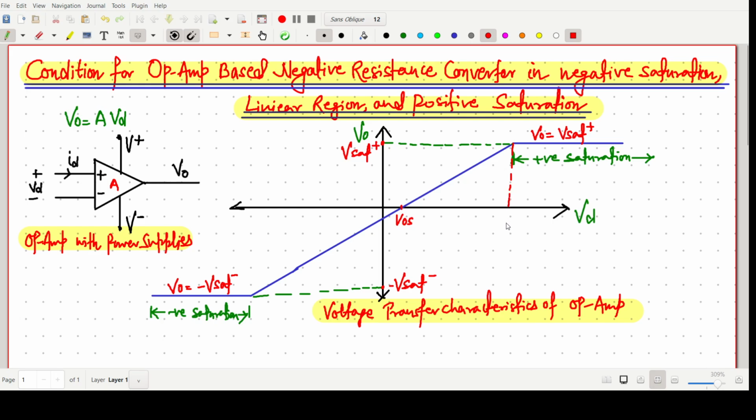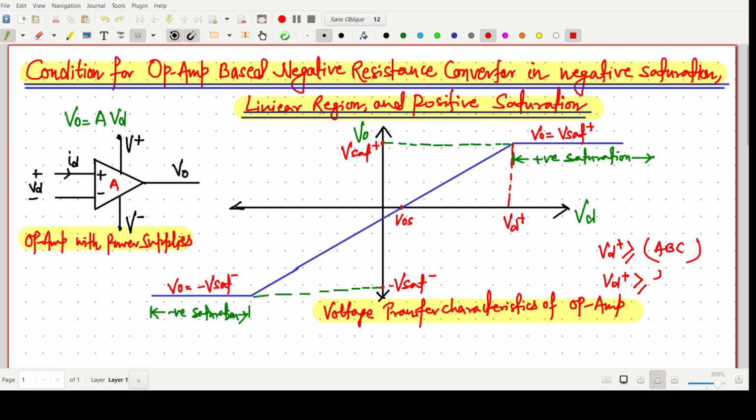Above this point, say I am writing Vd plus, above Vd plus it is in the saturation region. There will be some relationship, some function.